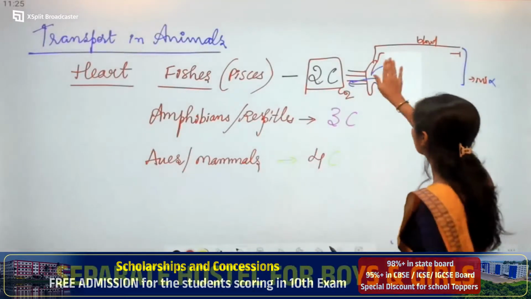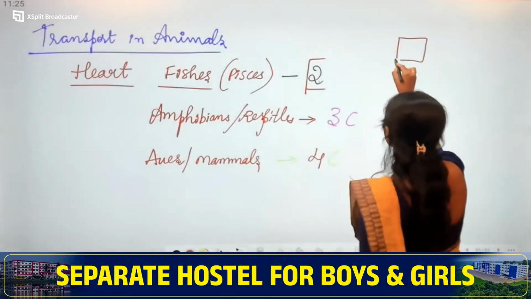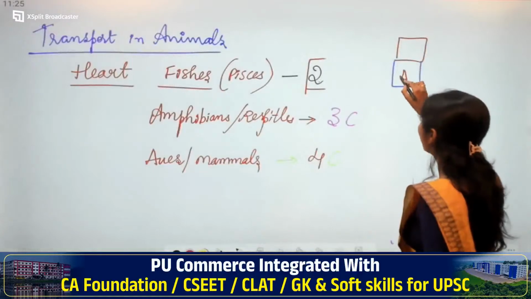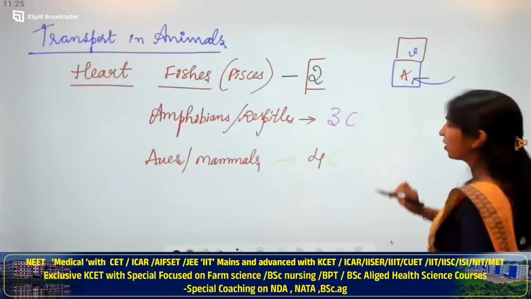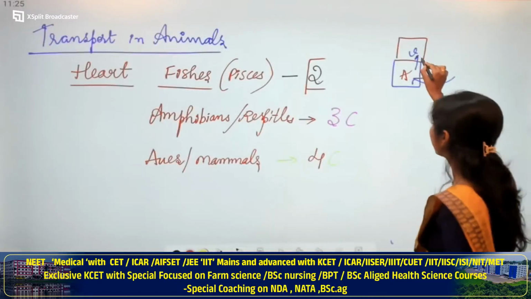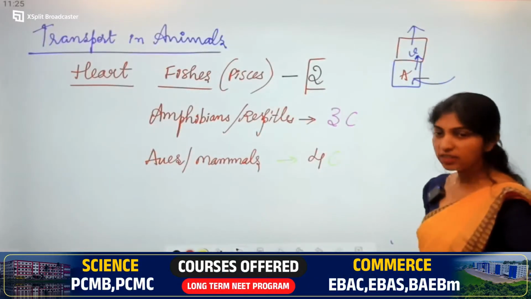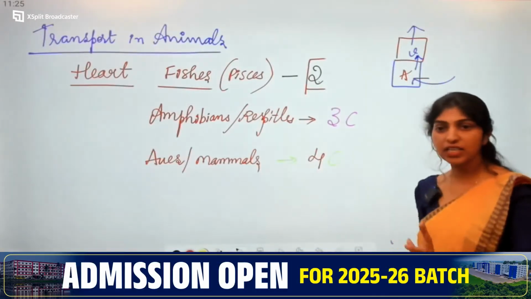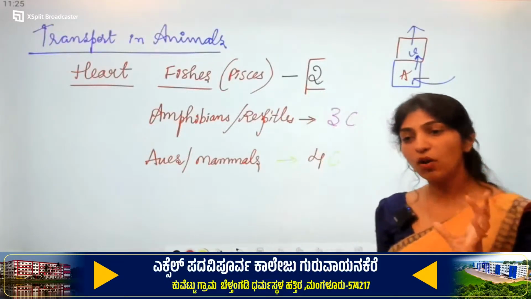If you want me to draw very specifically, they have a two chambered heart, one auricle and one ventricle. The blood which reaches the auricle will then move to the ventricle. From the ventricle it is given out. This is how the blood is pumped by the heart in fishes. It is not much complicated, they are very simple organisms.